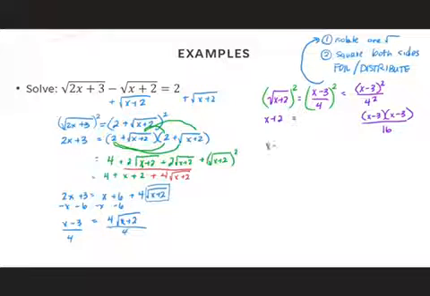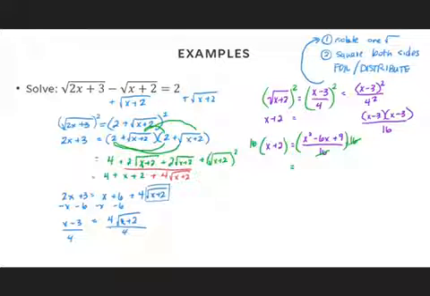Okay, so x plus 2, and I'll FOIL that out for you so you don't have to worry about it, but just know that's what I did. So this is x squared minus 6x plus 9 over 16. And then if I take both sides and multiply them by 16, on the right side, the 16 in the denominator is going to cancel out the 16 in the numerator.